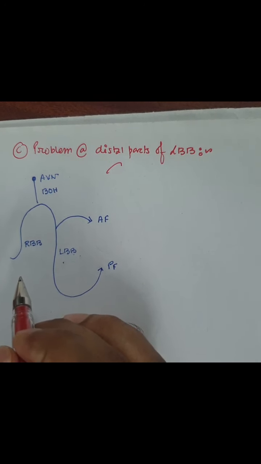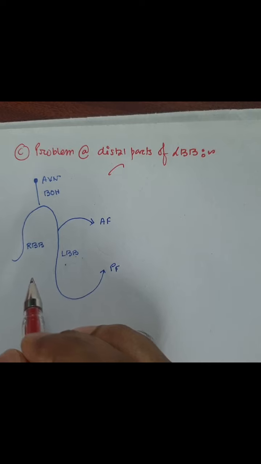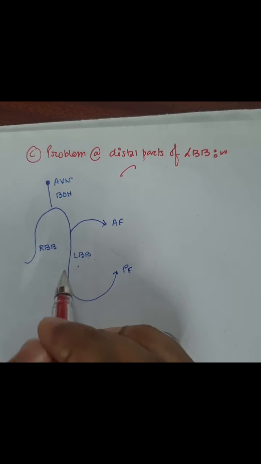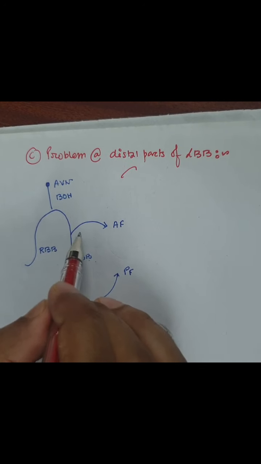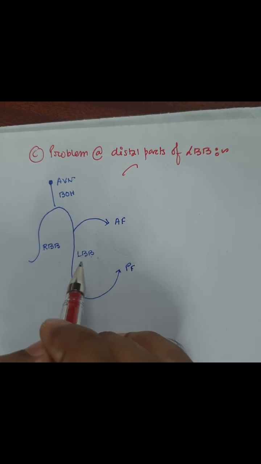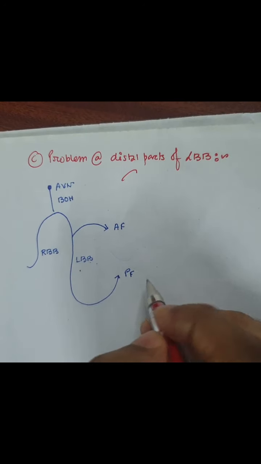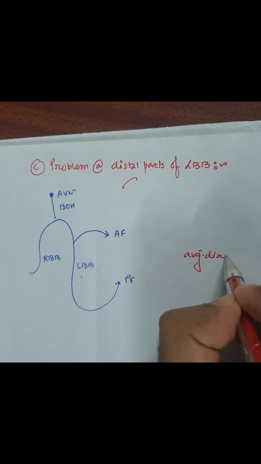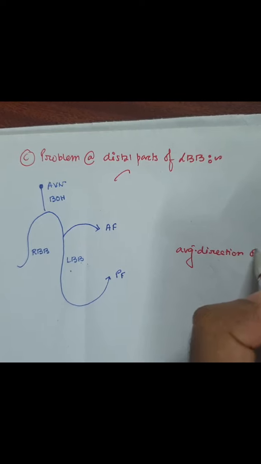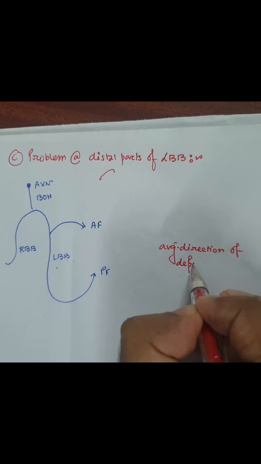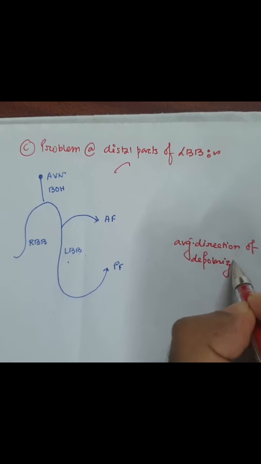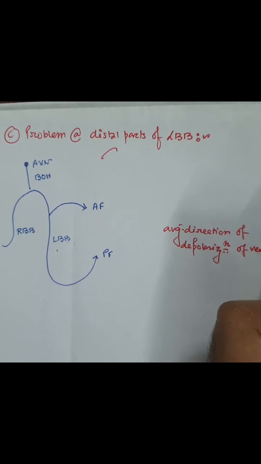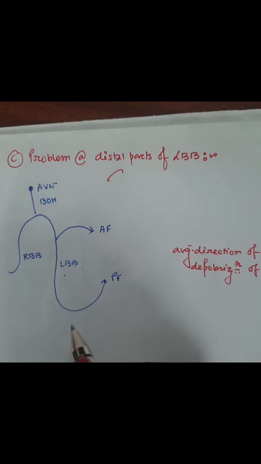The normal cardiac axis, as we already know, is a very important part of the normal ECG. This normal cardiac axis depends on the average direction of the depolarization of ventricles.